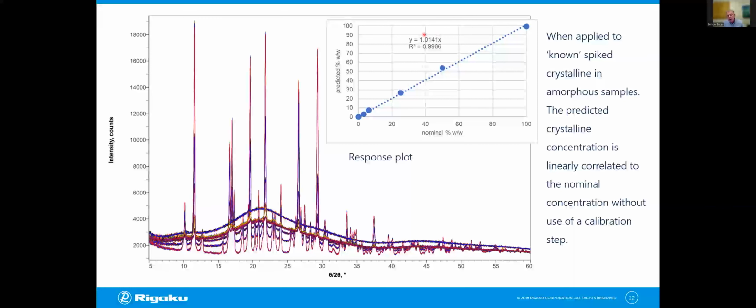And in this case, the slope is extraordinarily close to 1, and the fit is passing through 0. So this tells me that this is a very well-balanced model. The model is correct, it correctly reflects the materials itself, and these quantitative values are reliable.